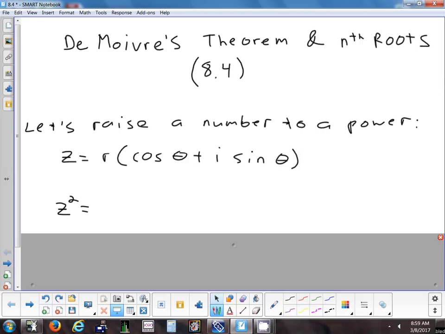I'll just write it. So I have r cosine theta plus i sine theta, that's z. And I'm going to multiply it by itself. z squared: r cosine theta plus i sine theta.